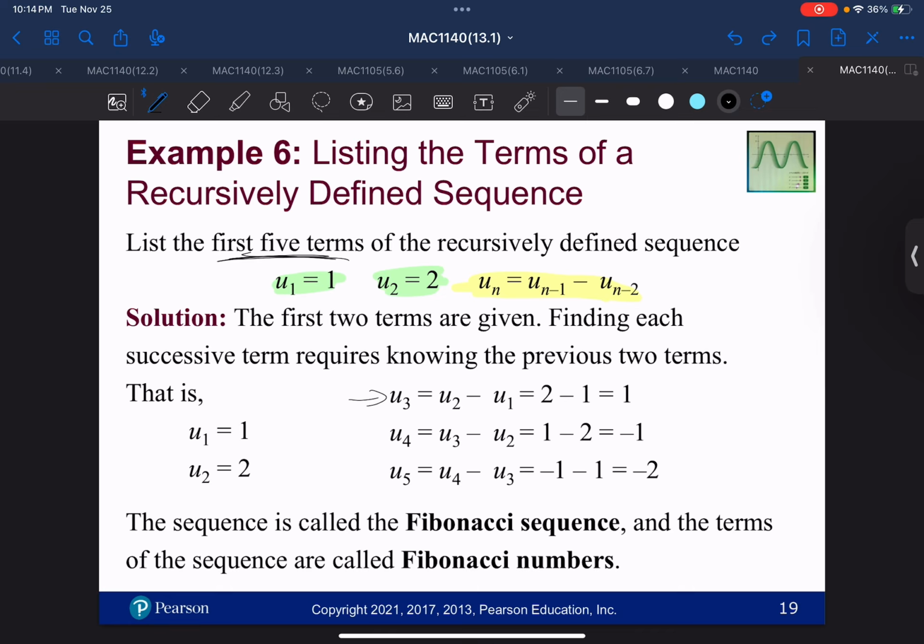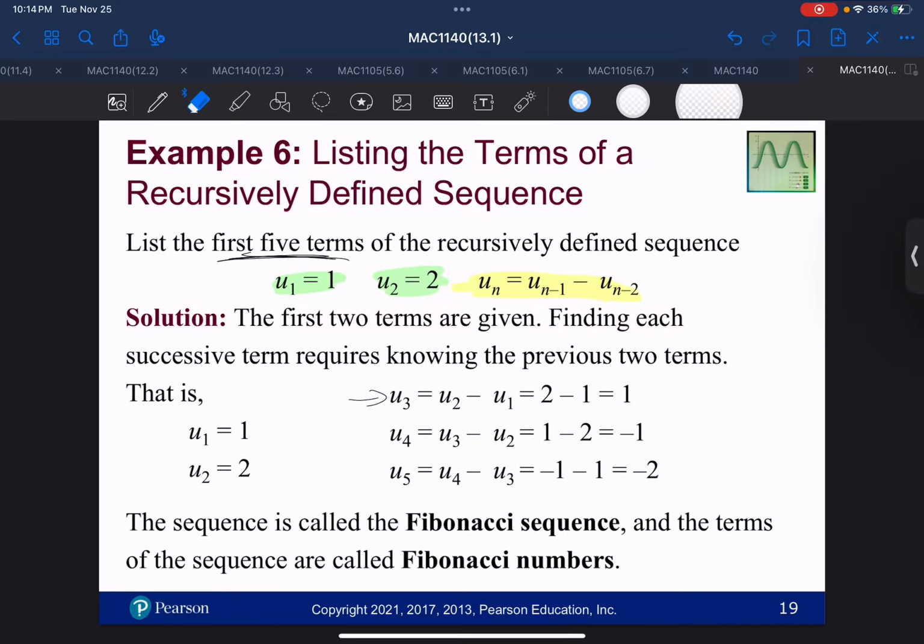The fourth term would be equal to u sub 3 minus u sub 2. So that would be 1, because that's what we just found, minus 2, because that's what was given to us. And this would be equal to negative 1. The next term, the fifth term, would be equal to the fourth term minus the third term. And so this would be negative 1 minus 1, which would be negative 2.